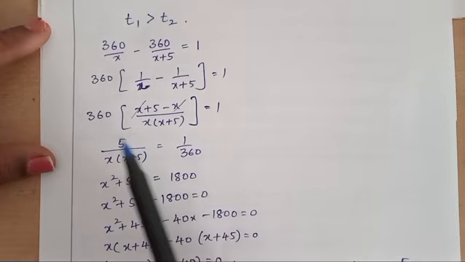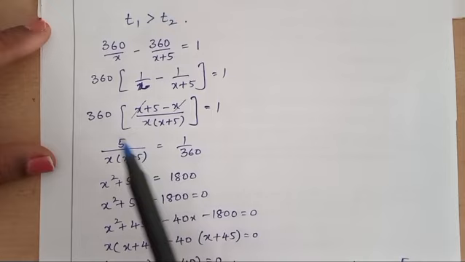Case-based question. Raj and Ajay are very close friends. Both the families decided to go to Ranikhet by their own cars. Raj's car travels at a speed of x kilometers per hour, while Ajay's car travels 5 kilometers per hour faster than Raj's car.